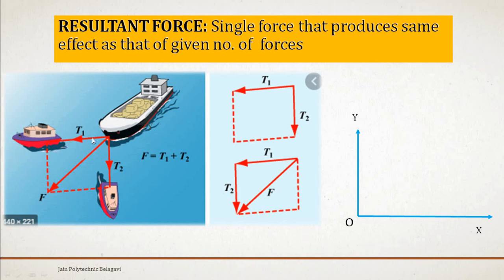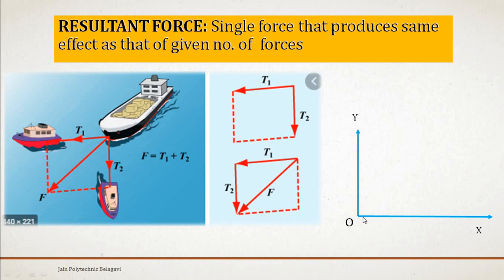This boat is pulling with the force T1, and the second boat is pulling the ship with the force T2. The resultant force is a single force that produces the same effect as that of the given number of forces. Here there are two forces, so instead of employing these two forces, we can employ one resultant force in between, which produces the same effect as these two forces. This force F, which produces the same effect, is said to be the resultant force here.